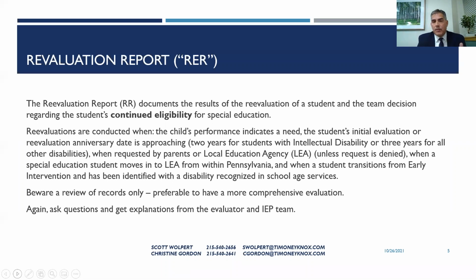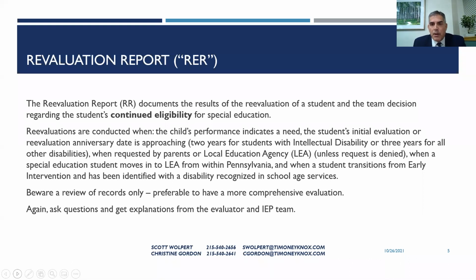So even if, let's say, there's an initial evaluation and 3 years later, there's a reevaluation. In the initial, they did cognitive testing and they did achievement testing. And let's say between the two timeframes, there's some behaviors that have happened in school. In that reevaluation, maybe you don't need cognitive testing, but having standardized achievement testing so you can see, did your child make progress from point A to point B? And then having perhaps rating scales completed by the teacher on the behaviors and the parent, and maybe an observation in the school setting by someone, and then discussing all those things.